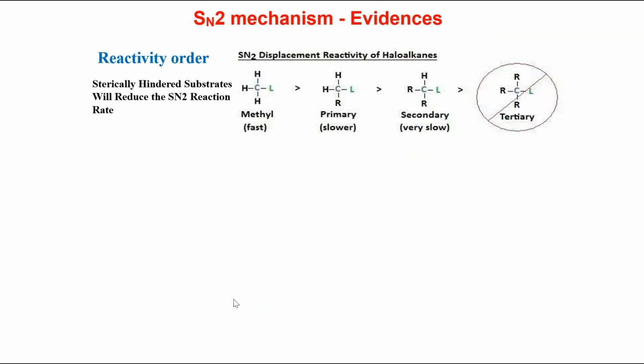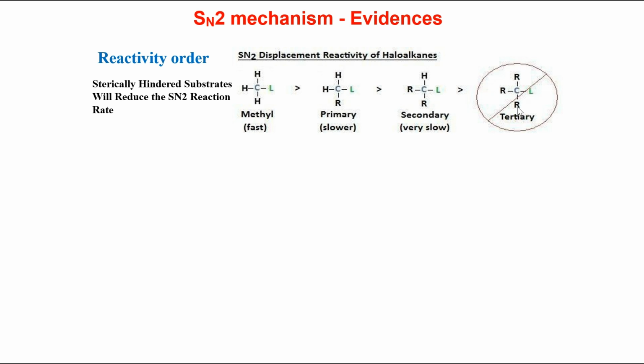In the SN1 substitution, we have seen that the reactivity decreases as the alkyl groups decrease. Here, it is definitely the reverse of that. Methyl halide is more reactive than ethyl halide, or a primary alkyl halide is more reactive than a secondary alkyl halide, which is more reactive than a tertiary alkyl halide.